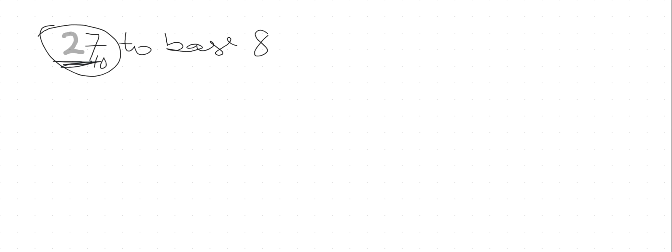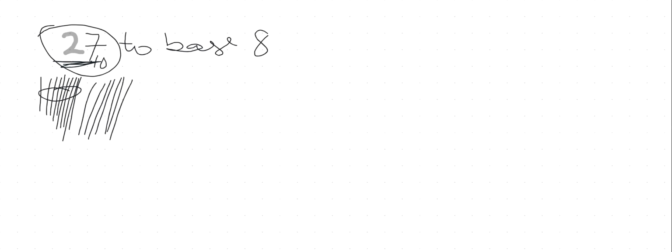So if you have 2 bundles of 10 and then 7 singles, as you can see here, if you count all the singles, there should be 27, right?